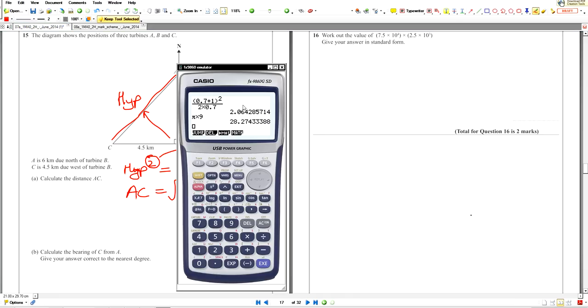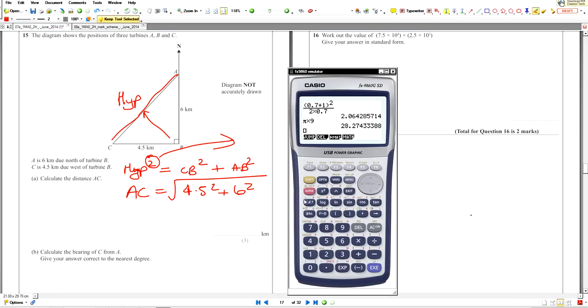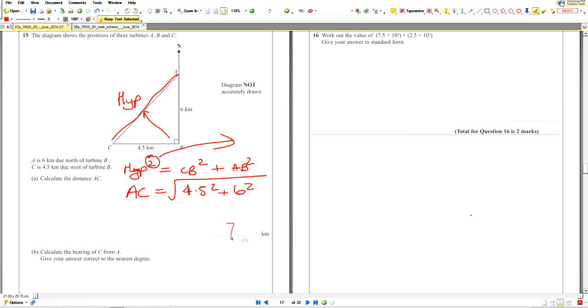So we get a calculator and we do exactly that. So we do shift square root. Shift square root. Yeah, that's better. 4.5 squared add 6 squared, and that gives us an answer of, and that is the answer.